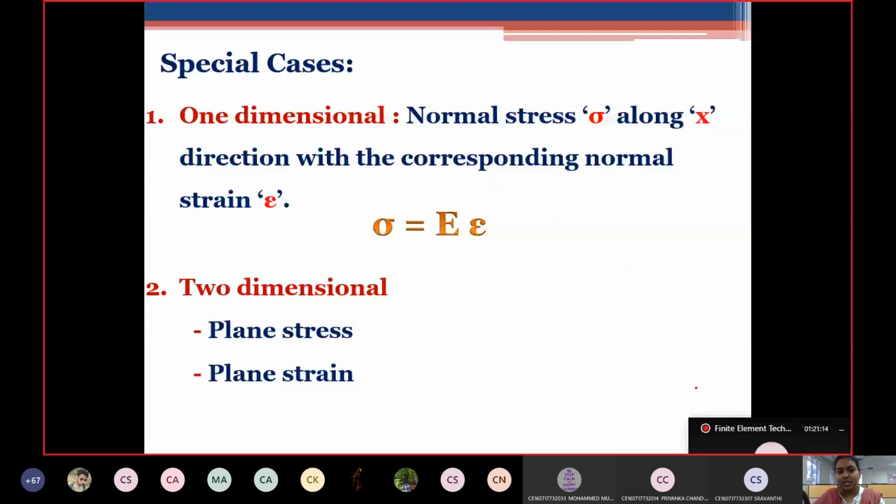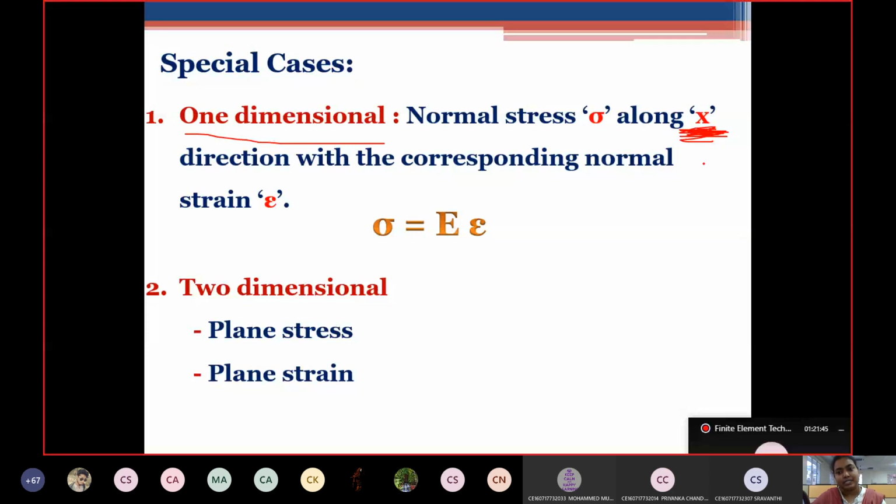In 1-dimensional, you will not have all the shear stresses and shear strains. Directly we are going to have normal stress and normal strain. Because in the first class itself I mentioned that in 1-dimensional, the force will be applied in one x direction only. X direction indicates axially, whether it is a horizontal, vertical or inclined member.